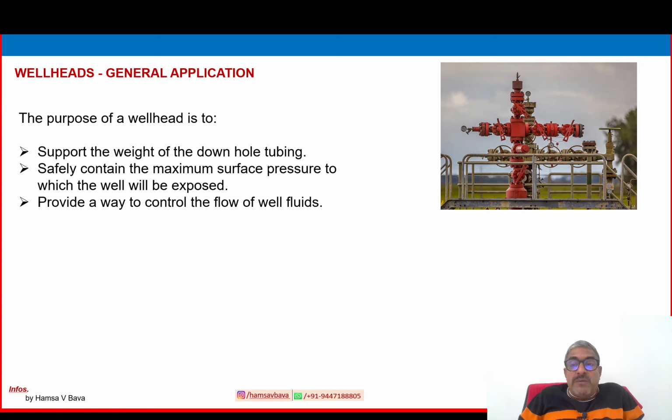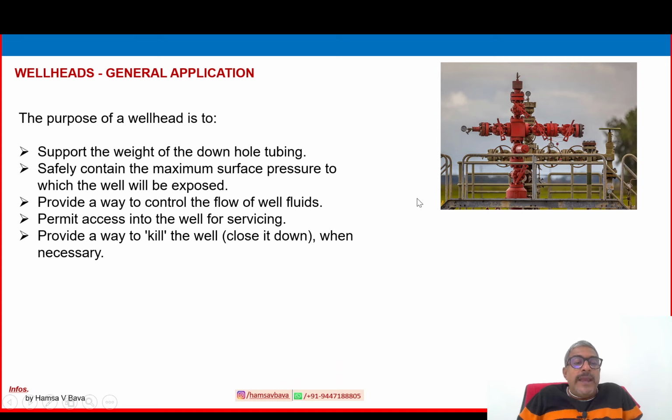We can stop, start or maintain the flow of the well, reduce and increase. It permits access to the well for servicing. There is an option for frequent or routine servicing, or maintenance time. We need access for servicing, and the wellhead provides that.